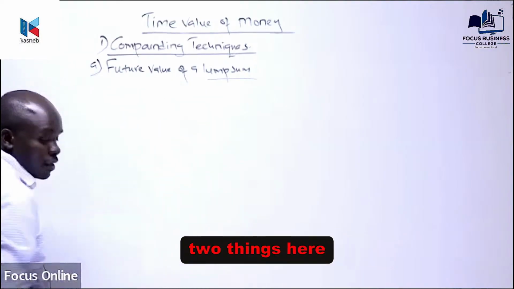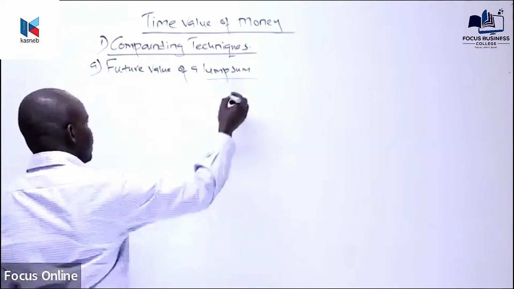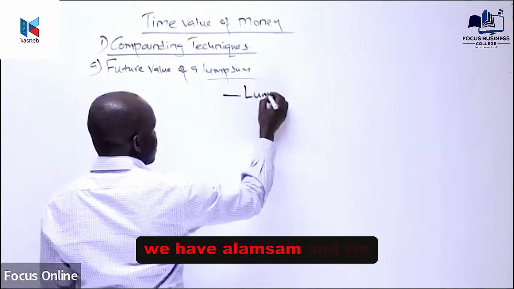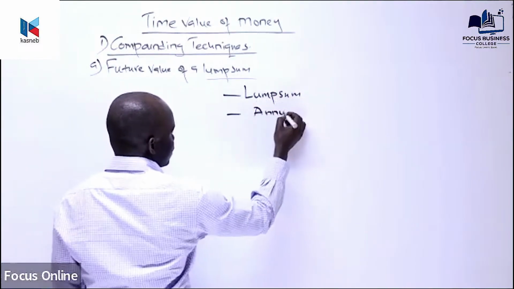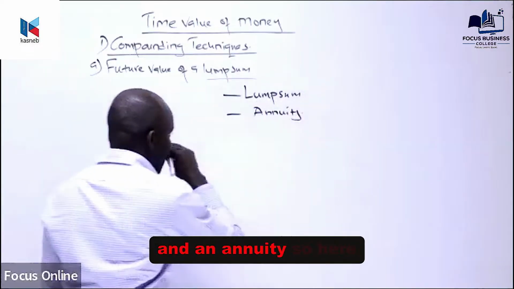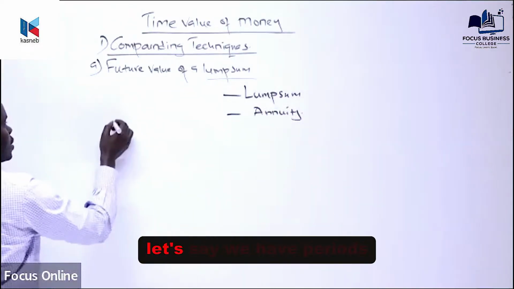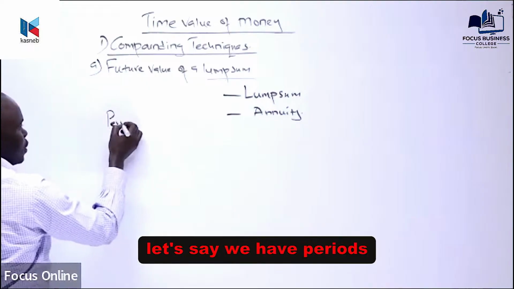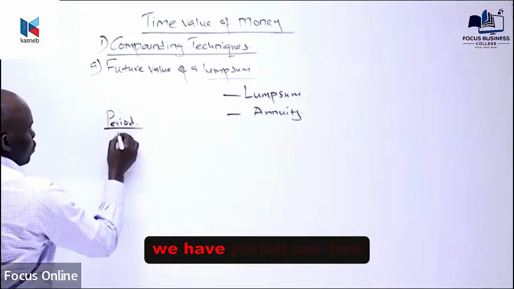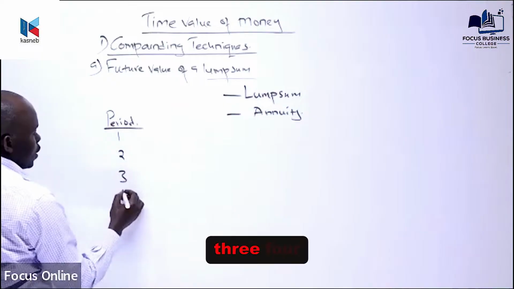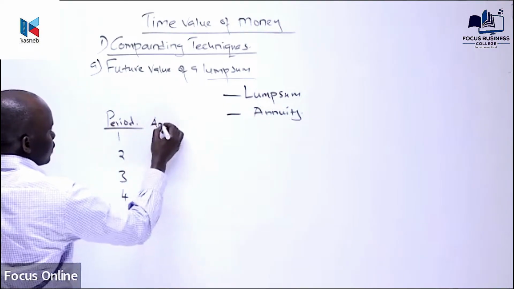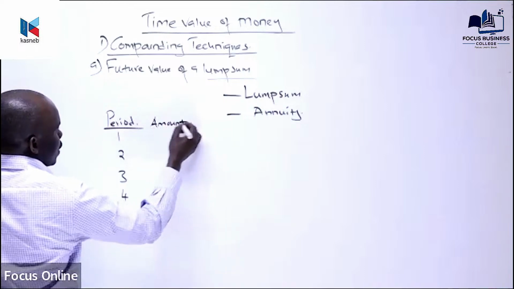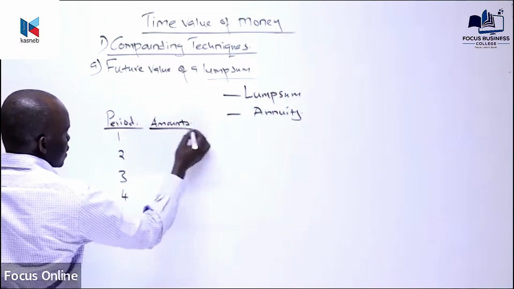We have two things here: a lump sum and an annuity. Here, let's say we have periods 1, 2, 3, 4, and we have amounts. Let's start with lump sums.